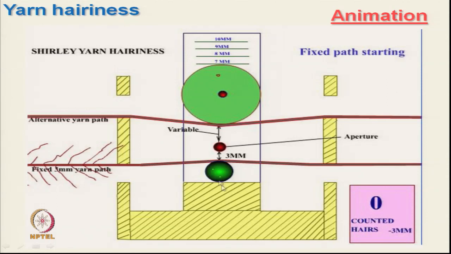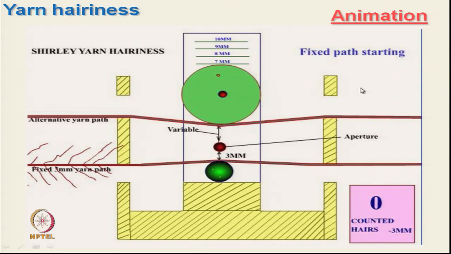Here it is a fixed guide roller; this guide roller is movable, and we can set it anywhere between 0 and, say, 10 millimeter. So, if we want to measure a higher length of hair, we will shift this guide roller a little bit above.